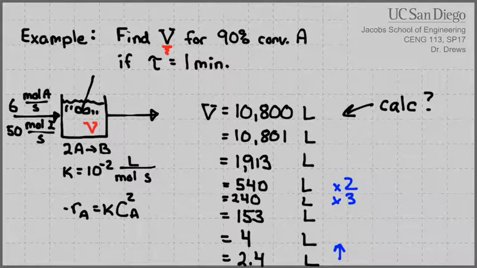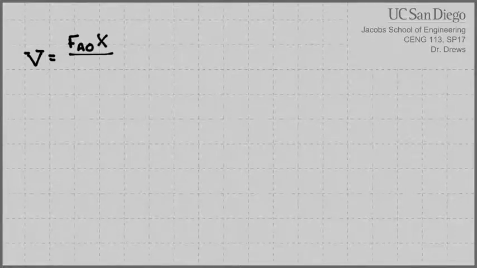So let's just look first at how do we set this equation up. We always have to go back to the material balance, so the volume is going to be equal to something. Which version of the material balance do you prefer? The one with X or the one without X? With X, right? We were given X, so we might as well start off with that one. We start off with F_A0 X over minus R_A.